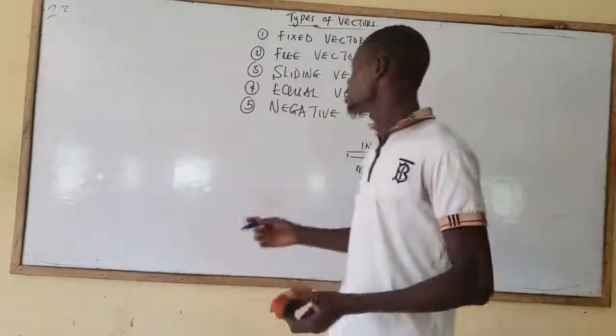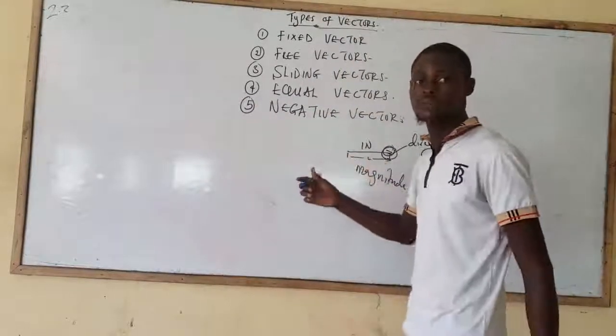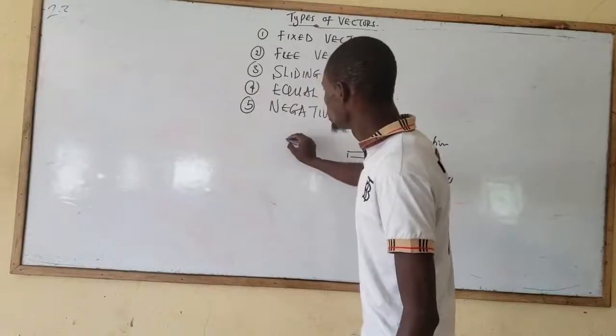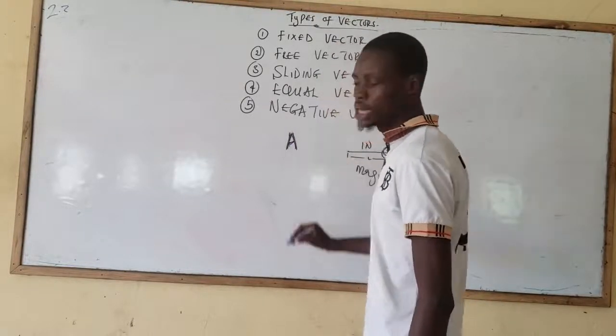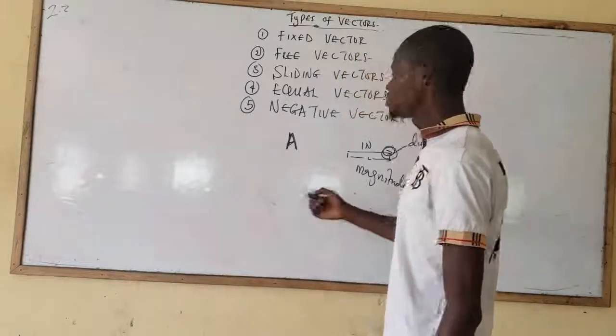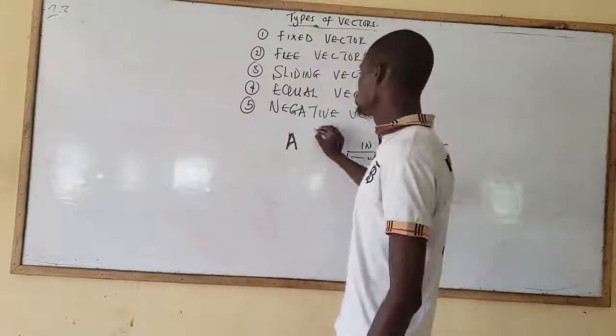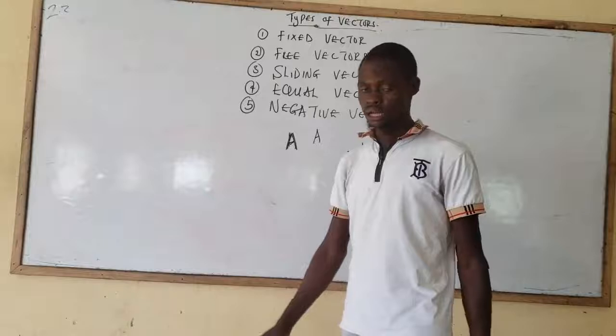Also, we can represent a vector with a bold letter. Let me say this is vector A. The magnitude of a vector is represented using the ordinary letter.